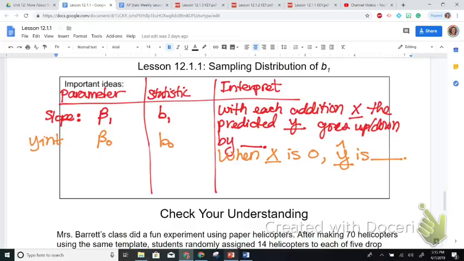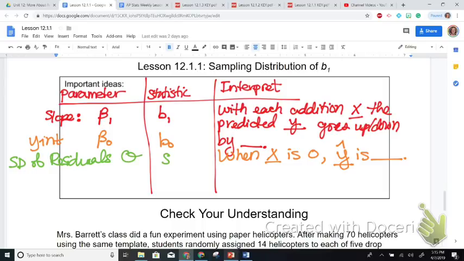Now I've got 2 more parts to our least squared regression line. The next is the standard deviation of the residuals. For the parameter, we use a sigma.